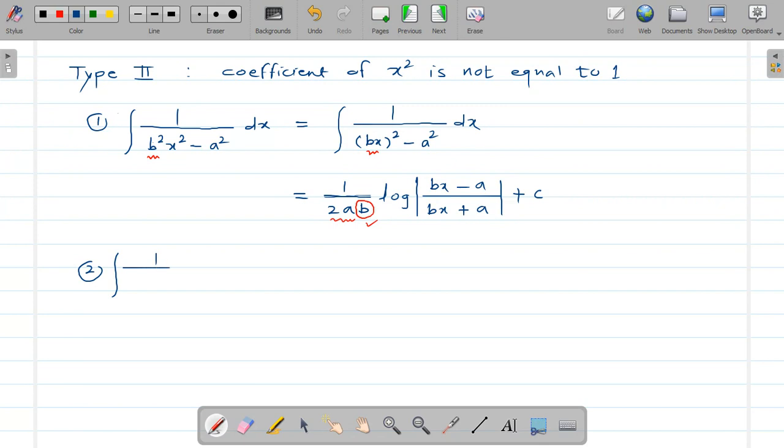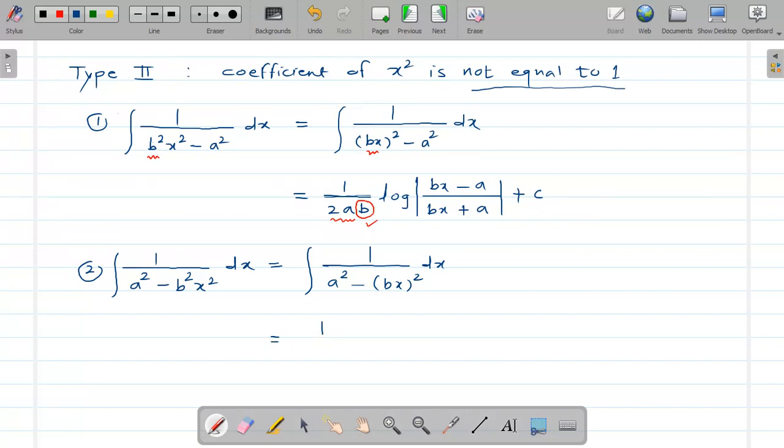So you can remember the rule like this also, where the coefficient of x square is not equal to 1. Now second result, suppose if it is given 1 upon a square minus b square into x square, then what will be the answer of this? We can express this as 1 upon a square minus (bx) bracket square. See here, only the change is what? The coefficient of x square is not equal to 1. That is the change. Otherwise, the rules are same.